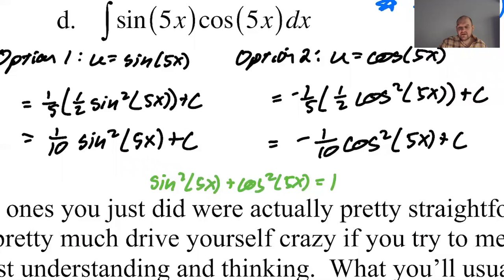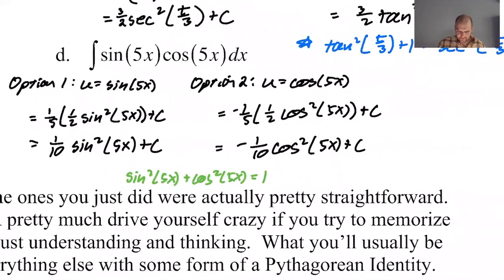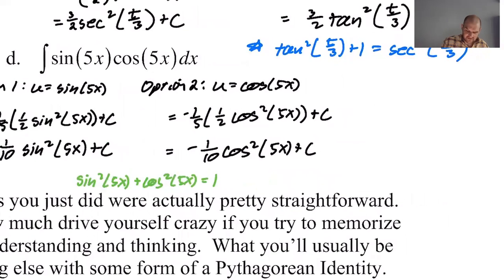And since that's the case, you could replace sine squared with 1 minus cosine squared, or cosine squared with 1 minus sine squared. I don't remember what order I went in, but that's why they differ by a negative. I think that conveys it.